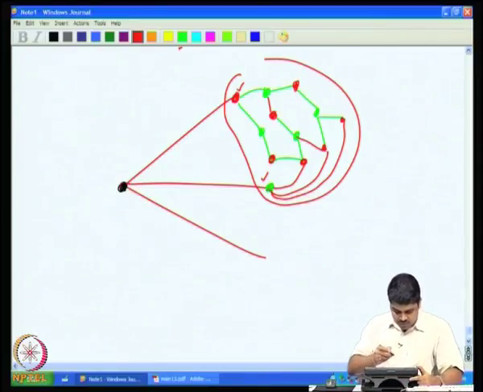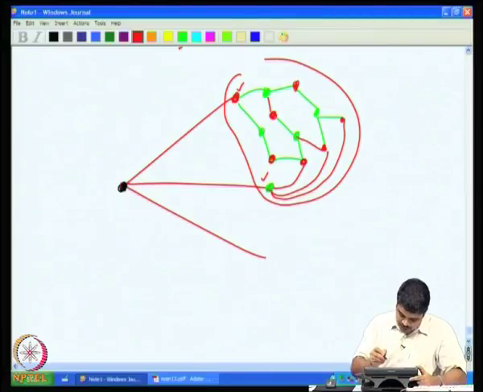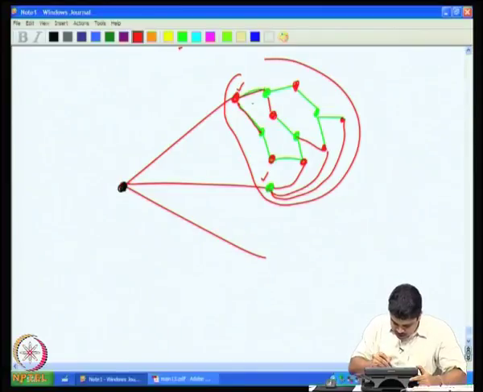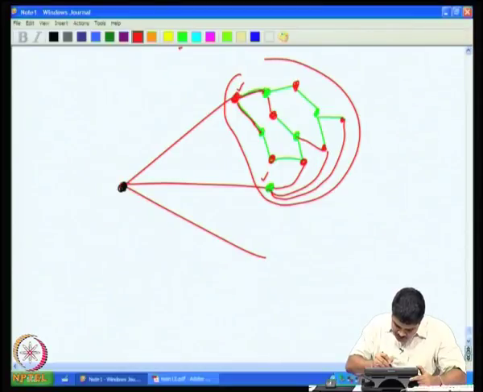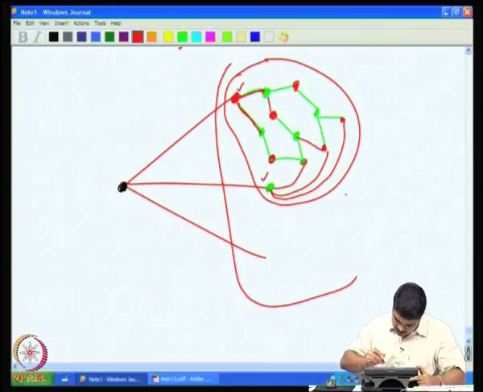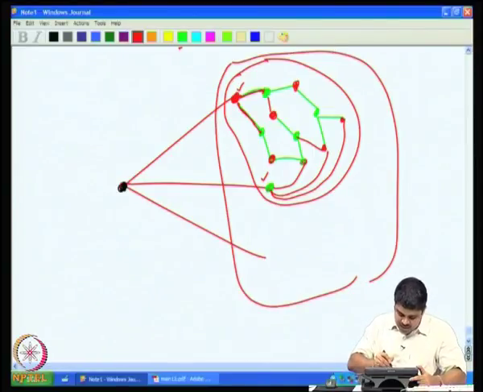If you look at this carefully, is it possible to have two green neighbors, as I drew here, for this red vertex? So if it has two green neighbors, how many neighbors does this vertex have in this graph? Its maximum degree is delta only.